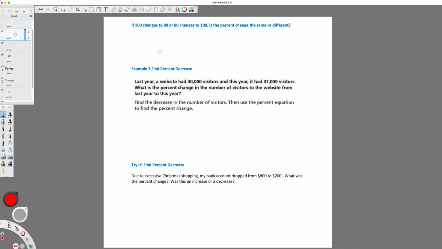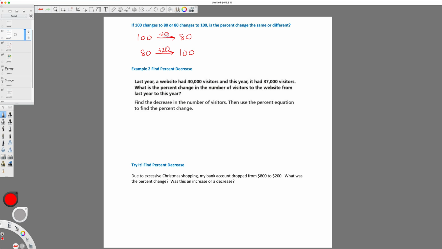And some people say, well, it changed one to the other, so yeah, it'll be the same, but it actually isn't. If 100 is changing to 80, it changed by 20, right? It went down 20. If 80 changes to 100, it went up 20. So you might think, oh, well, change of 20 each way, but think about how percent change works.